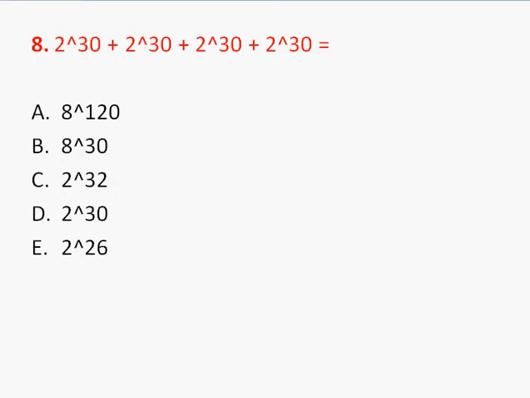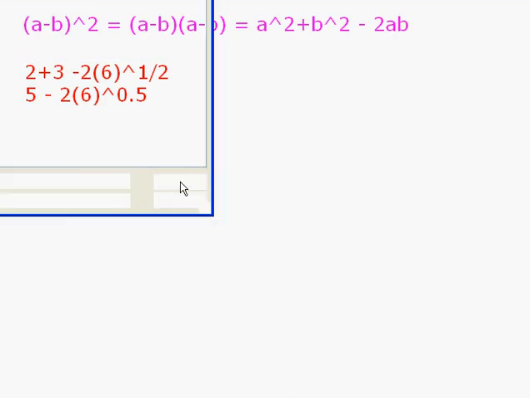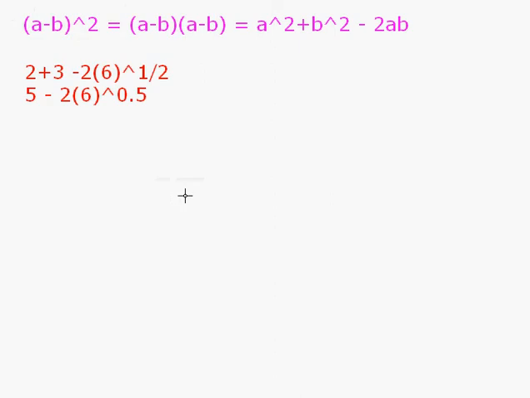Question number 8 says 2 raised to power 30 plus 2 raised to power 30 plus 2 raised to power 30 plus 2 raised to power 30 represents which is the solution. Alright, so what we can write here is that we have got 2 raised to power 30, 4 times repeated, so it will be 4 times 2 raised to power 30, right?